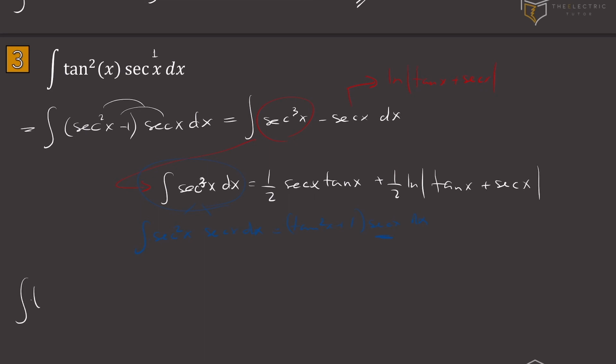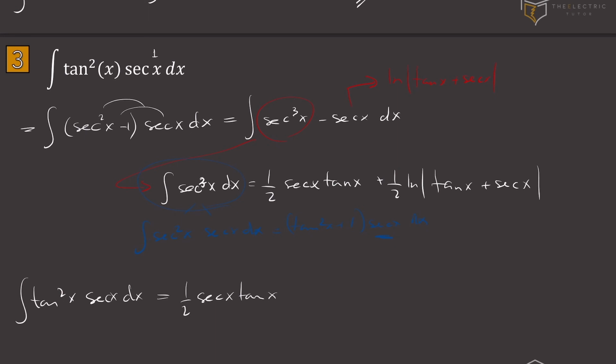Therefore, the final result is going to be the first part, which is this one. So 1/2 secant x tangent x, and then I'll have 1/2 of all of this.